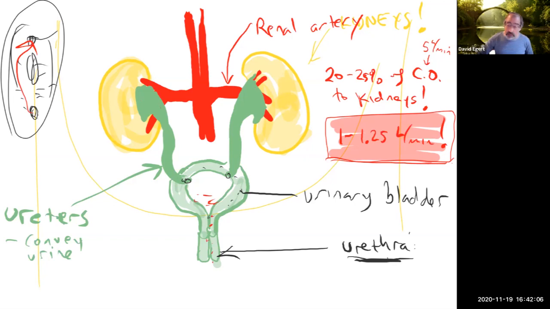It's much more common for women to end up with urinary tract infections because the opening is close to where there's bacteria, and it's not a long distance to get up into the urinary tract. In guys, it's much less common to have a urinary tract infection because there's a much longer urethra, always getting flushed out.